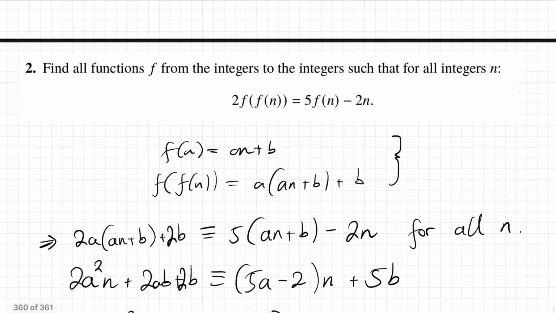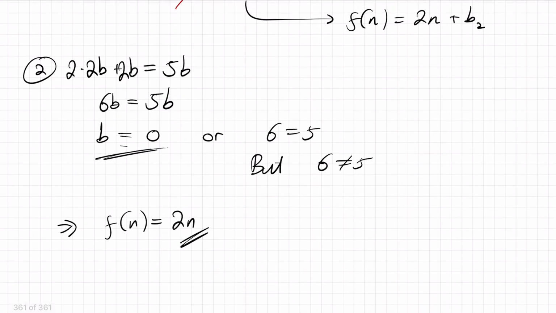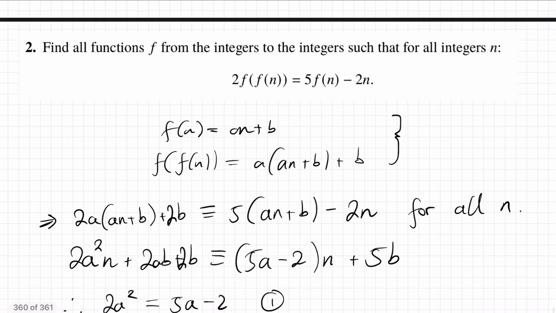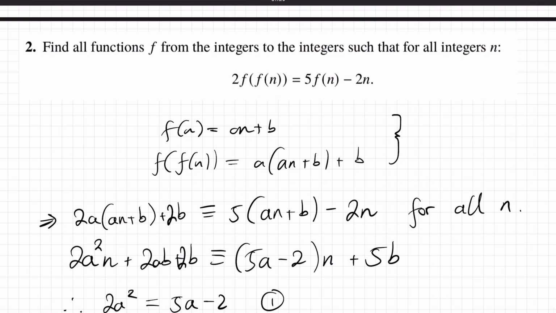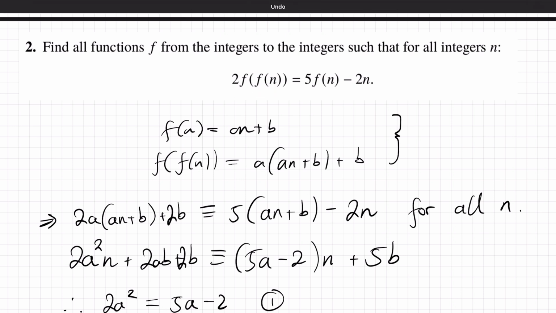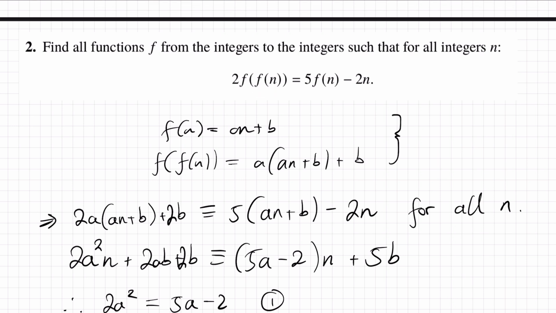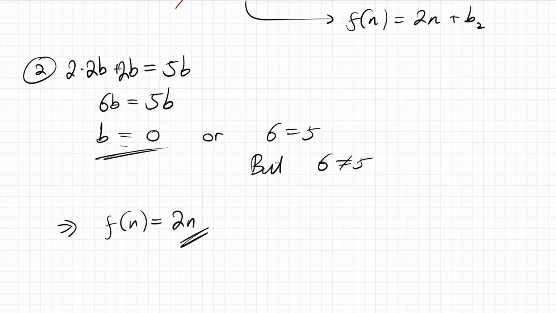It's not rigorous at all, but it does make intuitive sense, and I really can't think of any other example of a function which isn't a linear polynomial that will be equivalent on both sides, especially after a composition. Unless it was something which was reversible, like 1 over x, but even then, it doesn't seem to work. So if someone in the comments would like to make a better explanation, that would be nice. But for now, the only solution is f of n is equal to 2n.